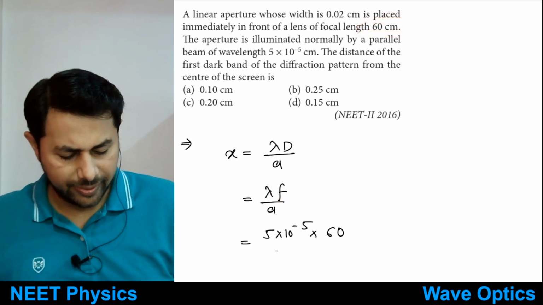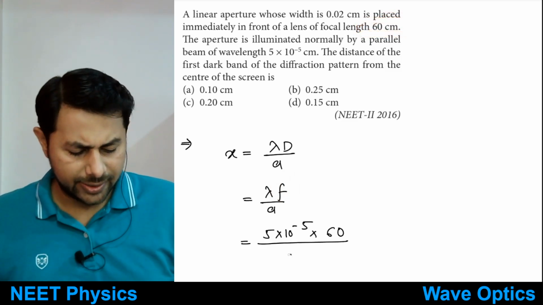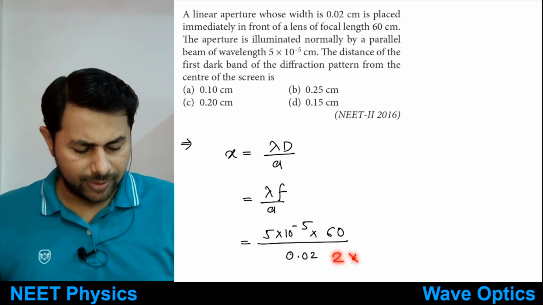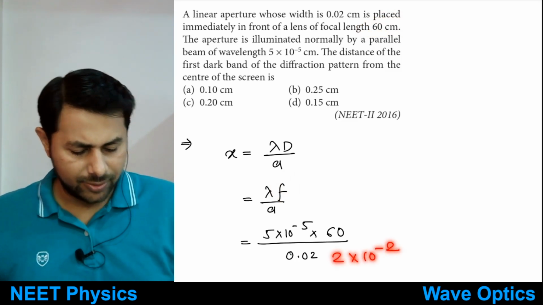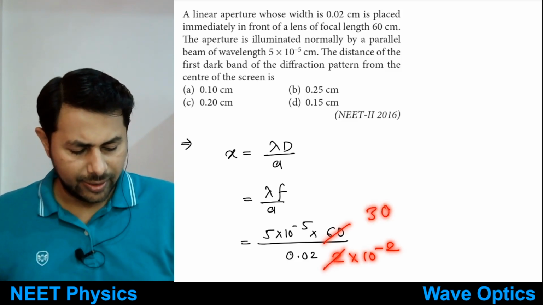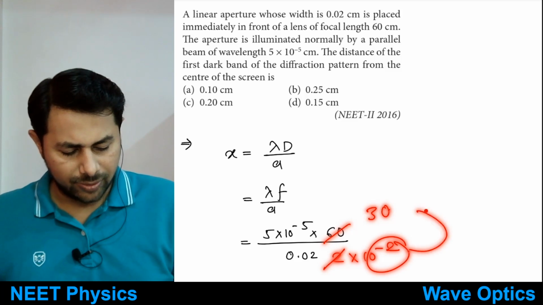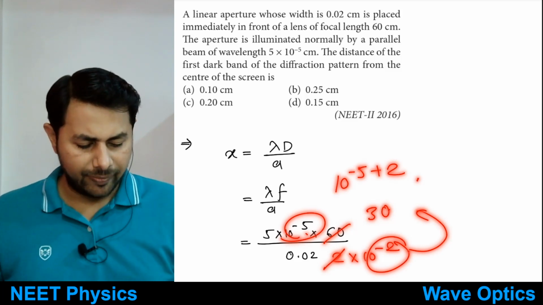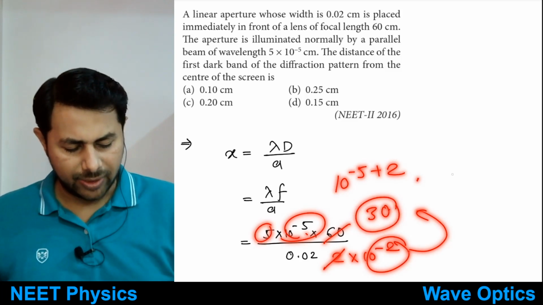So it is 60 divided by a, which is 0.02, that is 2 multiplied by 10 raised to minus 2. 60 by 2 is 30. 10 raised to minus 2 in the denominator becomes 10 raised to plus 2 in the numerator. So this is 10 raised to minus 5 plus 2, meaning 10 raised to minus 3. 30 times 5 is 150.